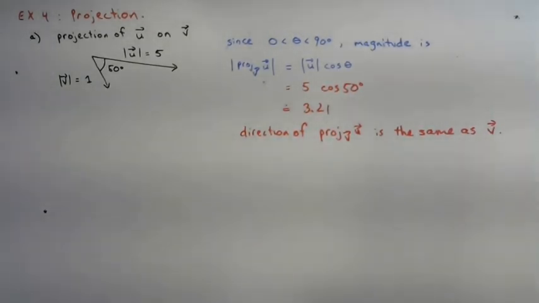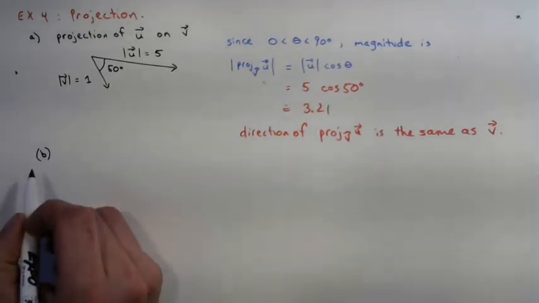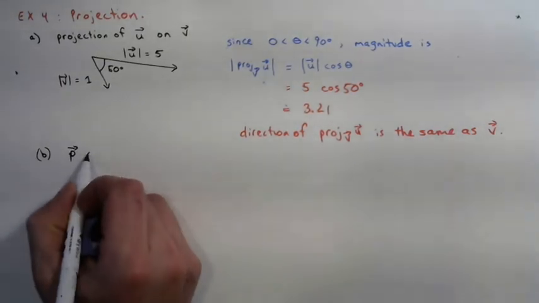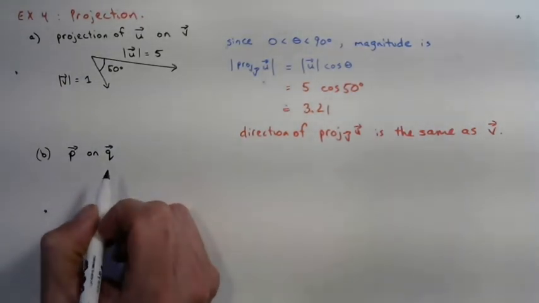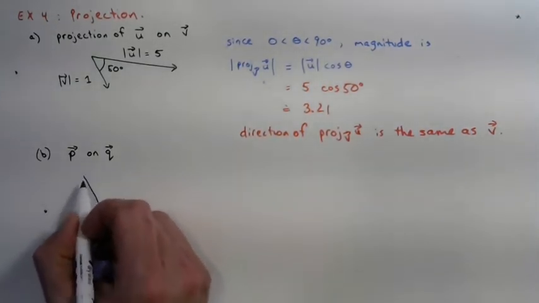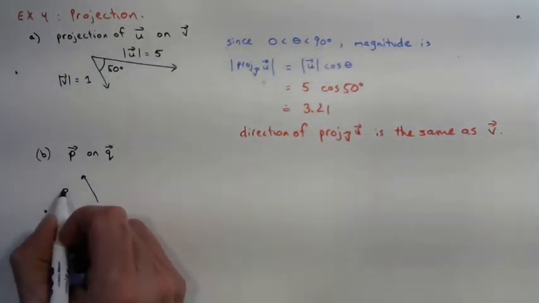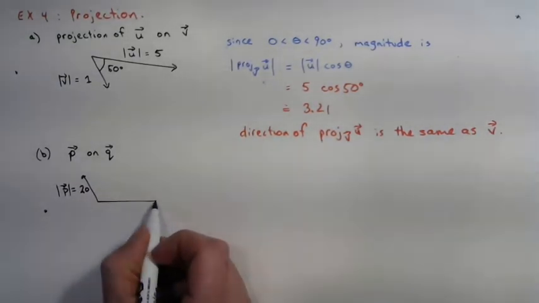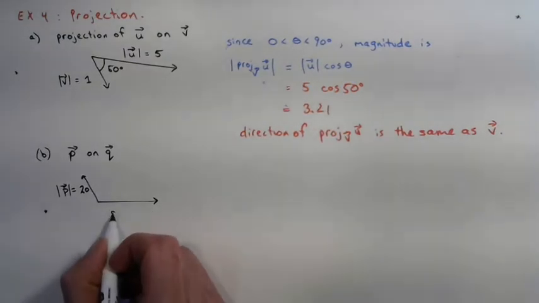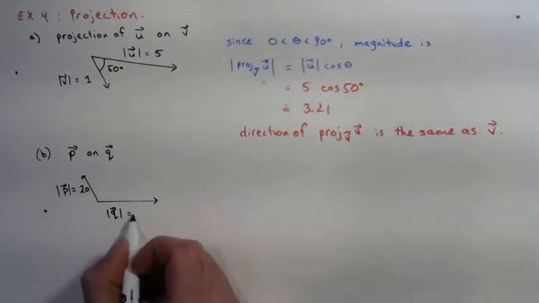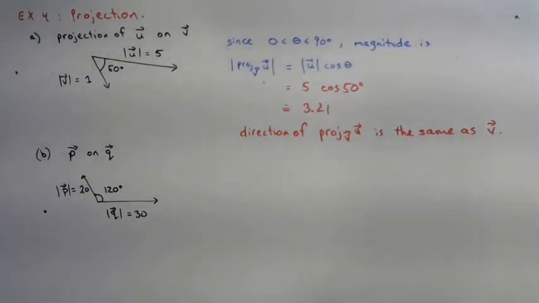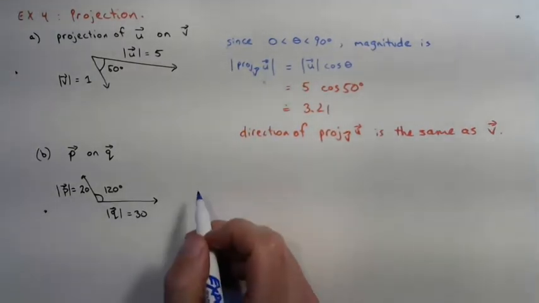B, we have another drawing. We're going to go P on Q. Here's vector P, has a magnitude of 20. Here's vector Q, has a magnitude of 30. Angle in between them, 120 degrees. All right, well, it's greater than 90.